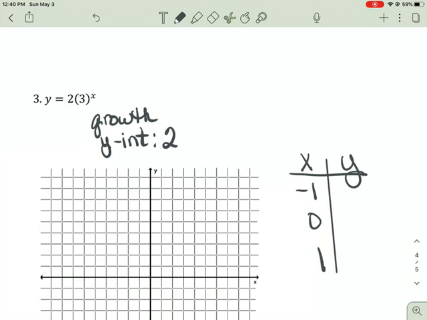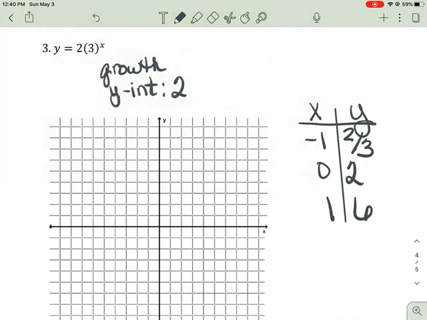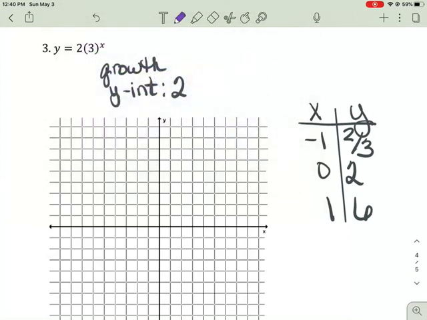So 3 to -1 is 2/3. Sorry, 3 to -1 is 1/3, times 2 is 2/3. So this is going to be 2. And then 3 to the first is 3. 3 times 2 is 6. If it helps, use your calculator or go to Desmos.